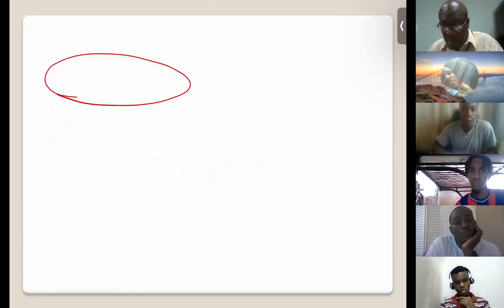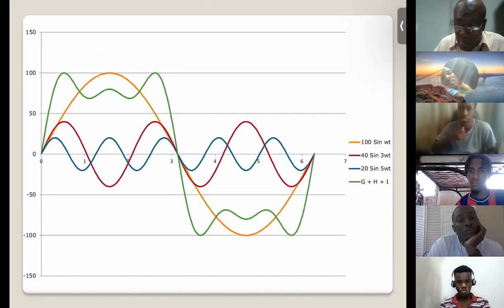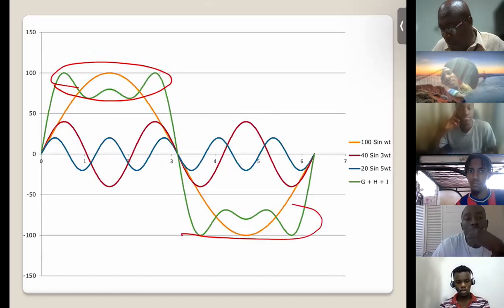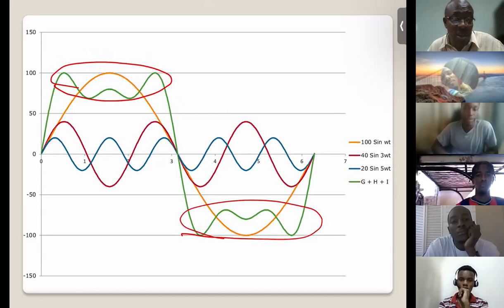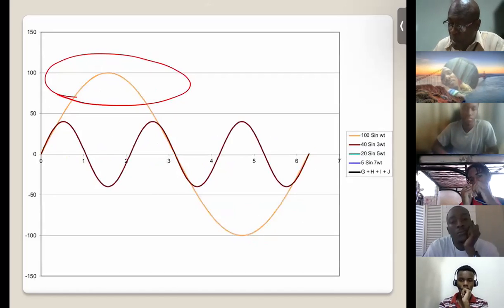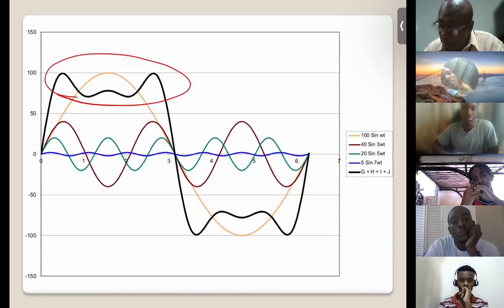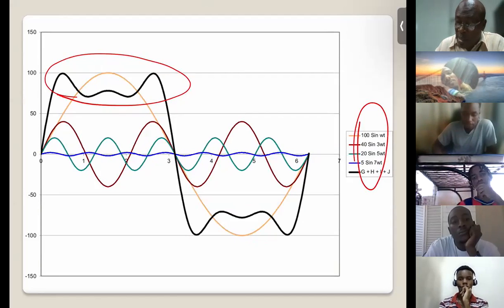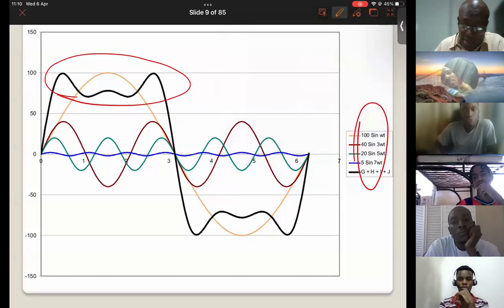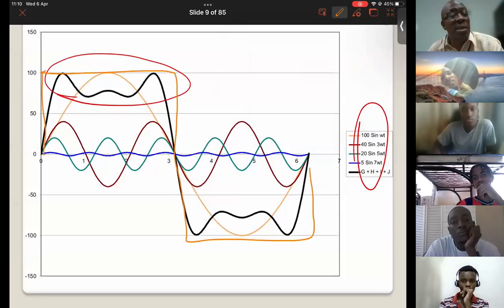If we look at the previous slide, again, it's not very obvious, but the fact is it's getting flatter. Let's take it from me that it is getting flatter. And what we are saying is that the more of these sine waves that we add, we would ultimately see a square wave, which is going to look like that.